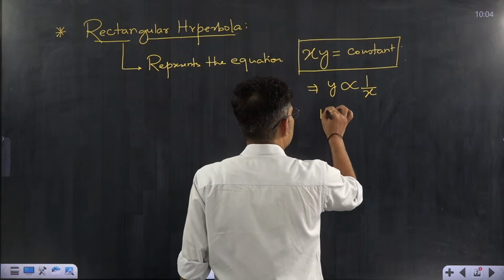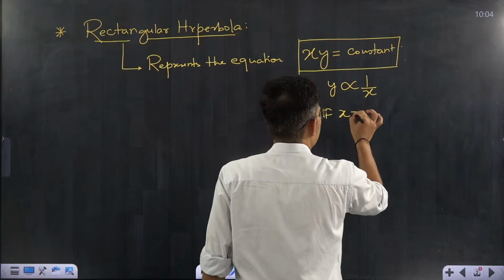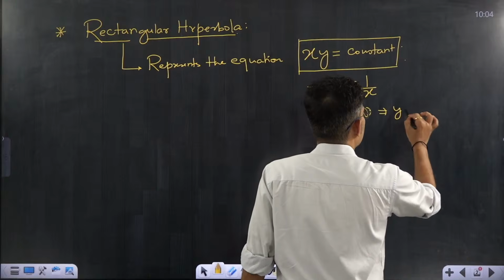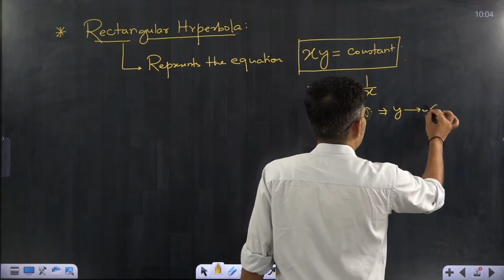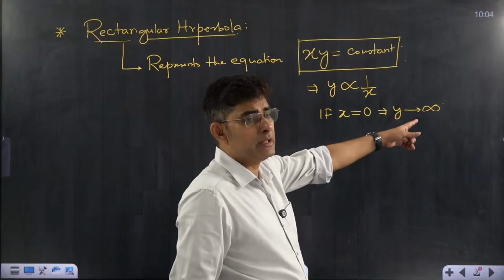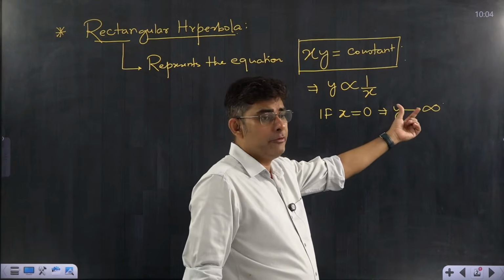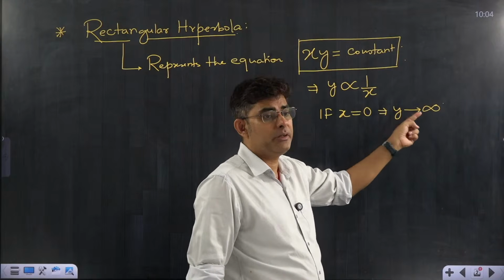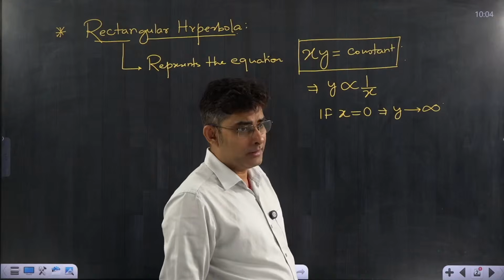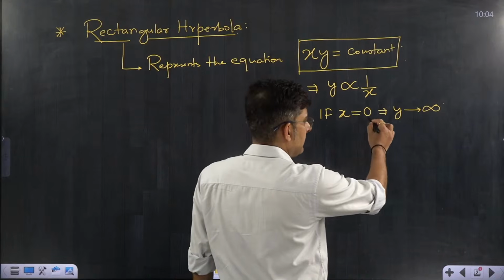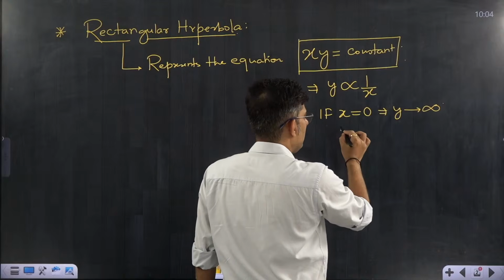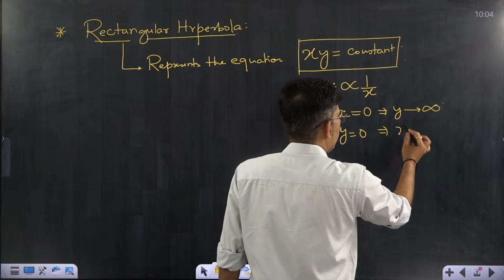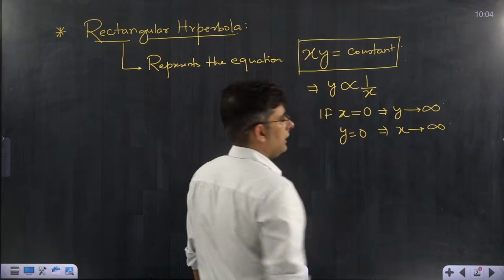This means that if we take x as 0, then y equals 1 upon x will tend to infinity. You can never attain infinity, so mind it, we never write equals to infinity. We write going towards or approaching. This arrow symbol means approaching or going towards. So when x is 0, y tends to infinity. When y is 0, then obviously x will tend to infinity.